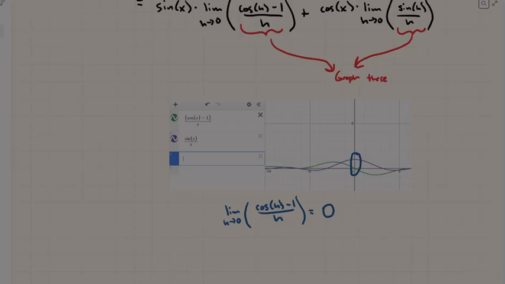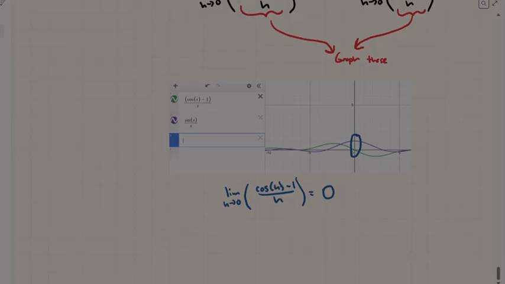And then the other one, the limit as h approaches 0 of sine h over h, just looking at the graph, that one is equal to 1.